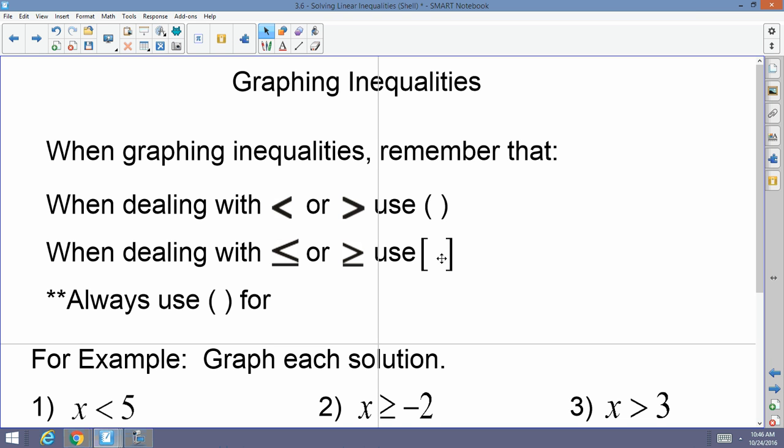And now, always, just so you know, a little heads up, whenever you're dealing with infinity, you're always going to use parentheses. Infinity plus or minus always uses parentheses. Now, the reason why infinity is always a parentheses is because you can never equal infinity.